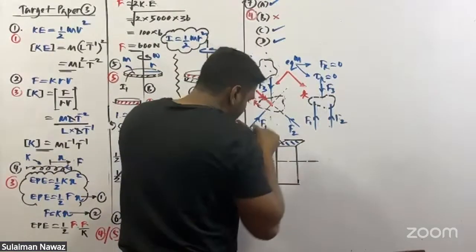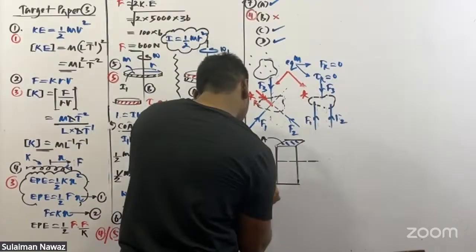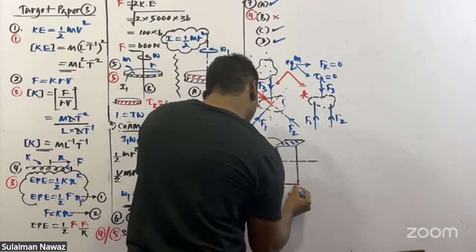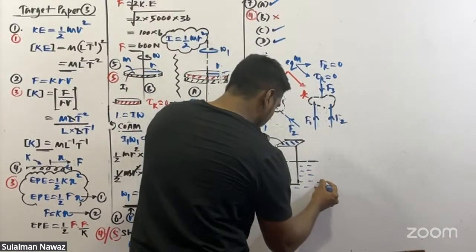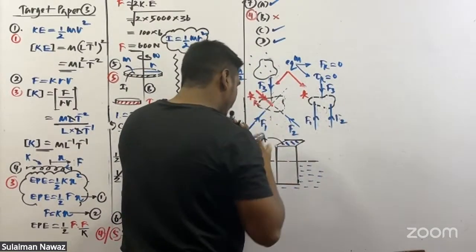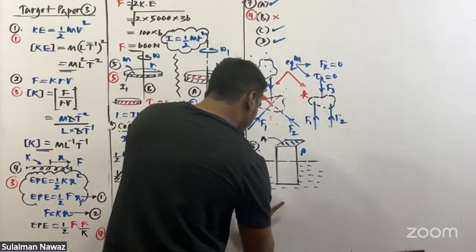Density of seawater, let's say rho W, and density of ice cube, let's mark it as rho.